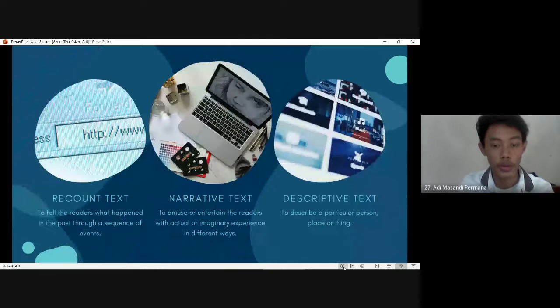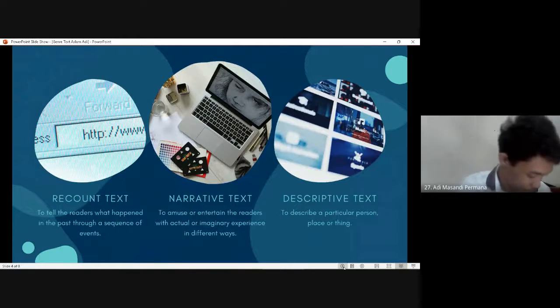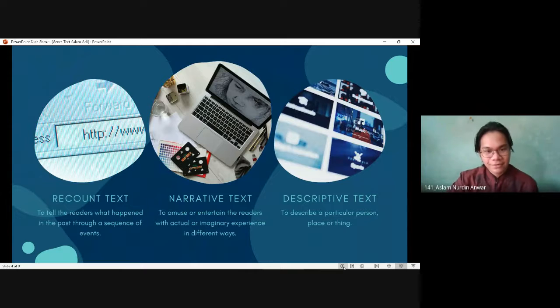And then for the narrative text, I will hand it over to my partner, Aslam. Narrative text is to amuse or entertain the readers with actual or imaginary experience in different ways.